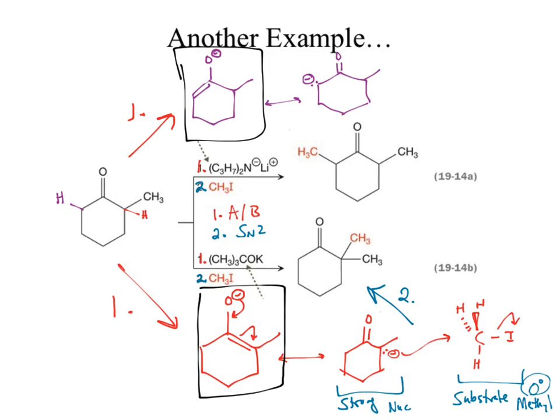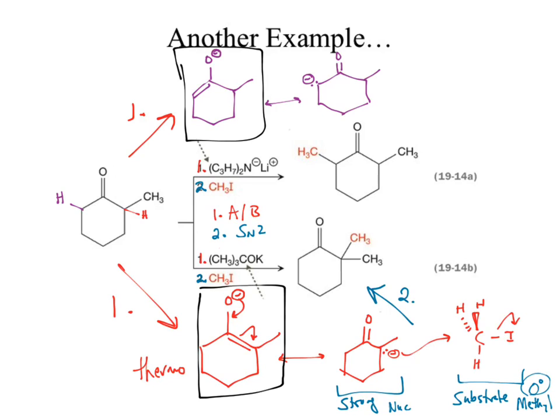Now those of you saying pi bond, yes. Now we look at the pi bond. What is the difference in the location between the pi bonds? More substituted versus less substituted. The more substituted makes it thermodynamically more stable. The red one is a thermodynamic product.